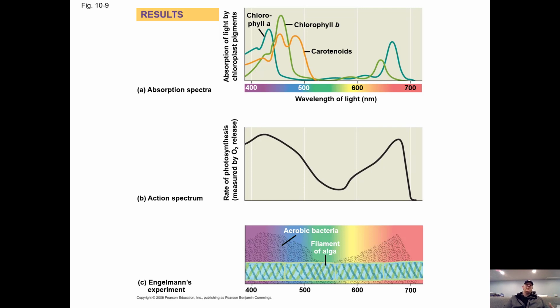That's because when you have a lot of photosynthesis, you get a lot of oxygen production. So the bacteria grows well where the oxygen is. The oxygen is by the blue, by the red, and not by the green. So even in the 1880s, Engelmann figured out that green light is not very good for photosynthesis, but blue and red is.